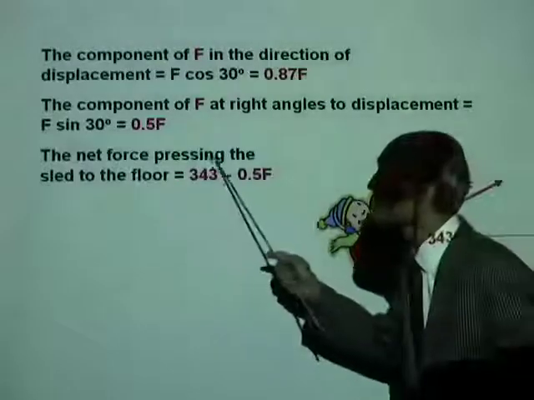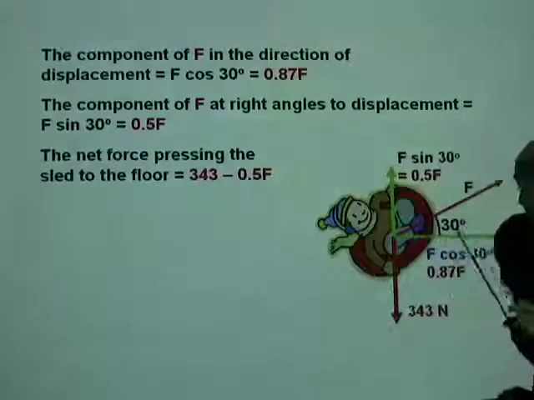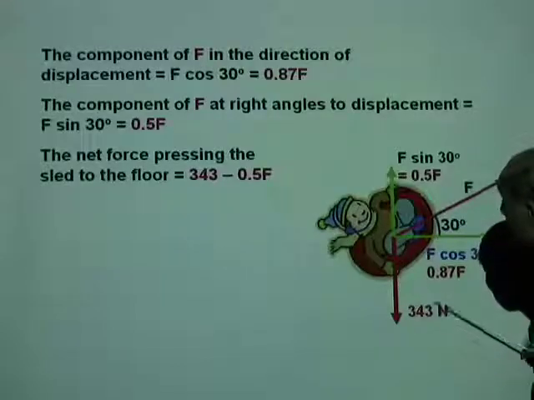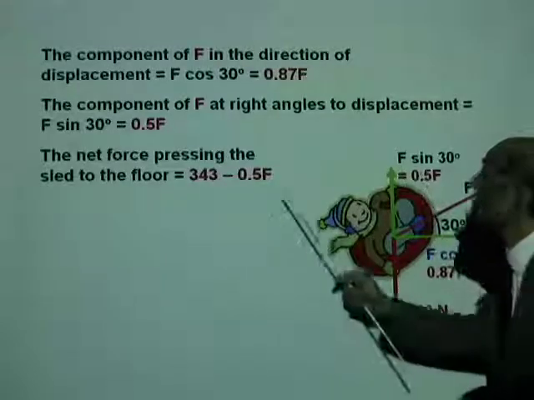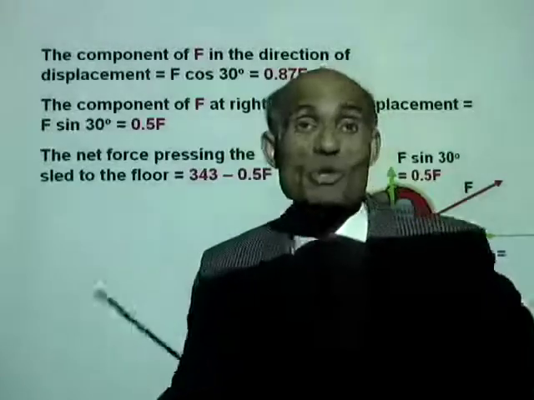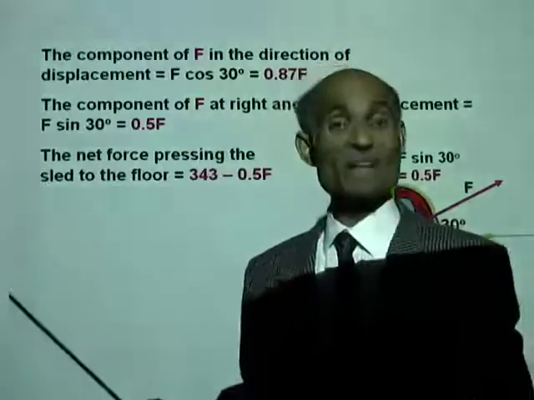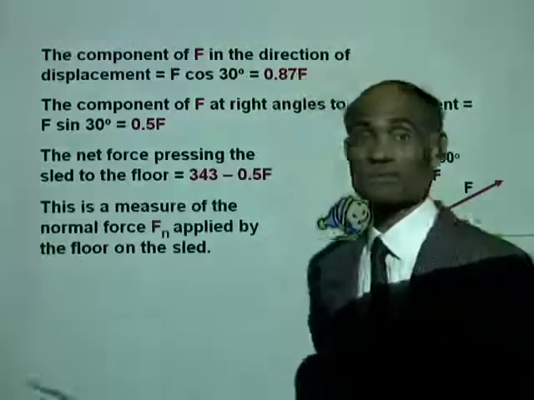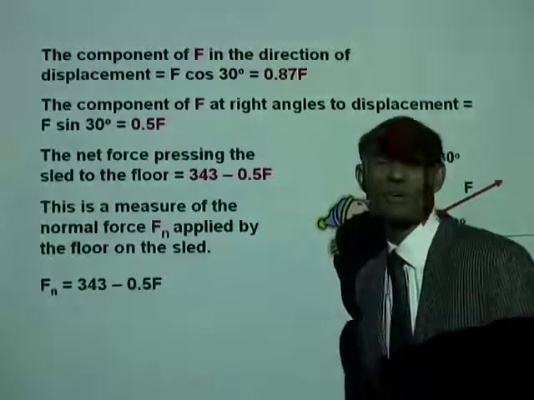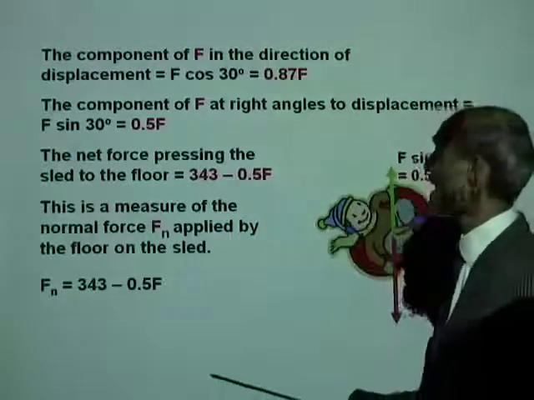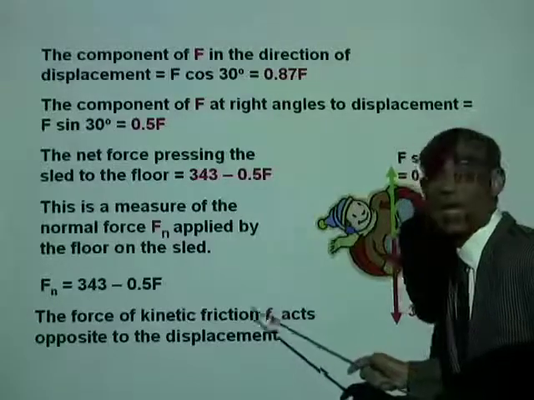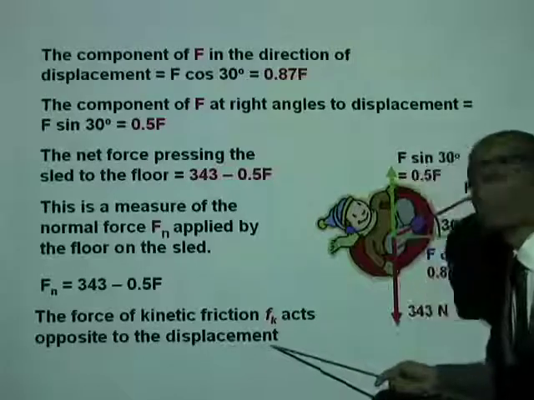The net force pressing the sled to the floor is therefore 343 minus 0.5 F. And this is a measure of the normal force between the sled and the ice. Therefore, Fn equal to 343 minus 0.5 F. The force of kinetic friction Fk acts opposite to the displacement.